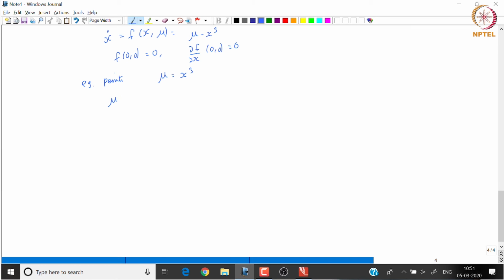Now for mu less than 0, the system has a unique stable equilibrium point. Similarly, for mu greater than 0, this will be the same, a unique and stable equilibrium point. So, what happens is that the dynamics are qualitatively the same.